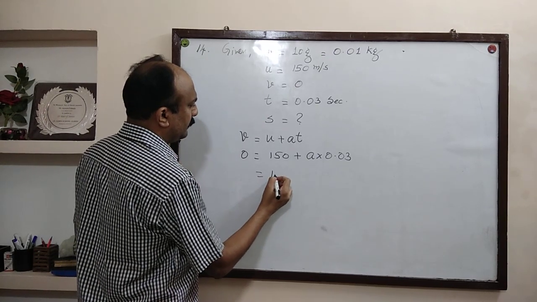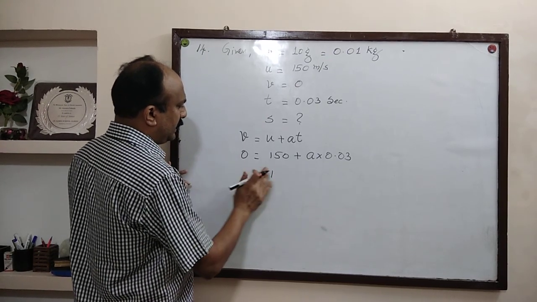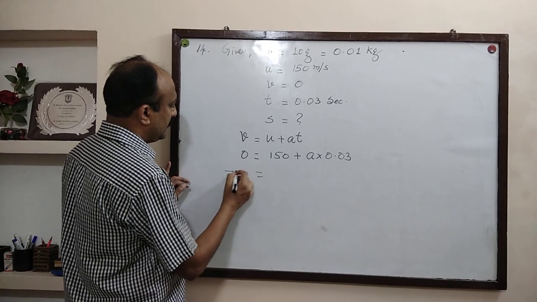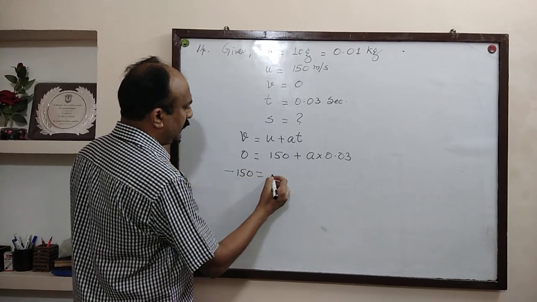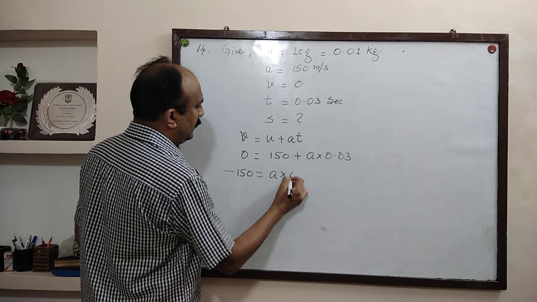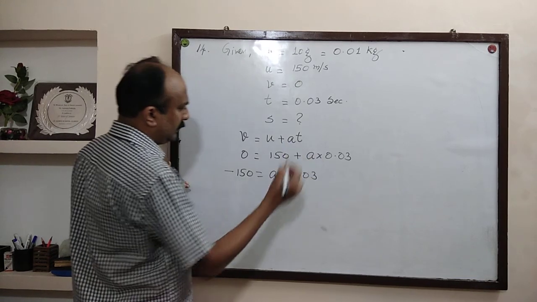Or you can take 150 to this side, minus 150 equal to A into 0.03.